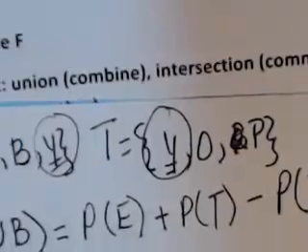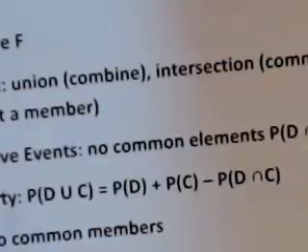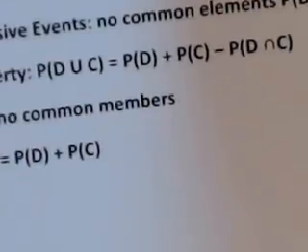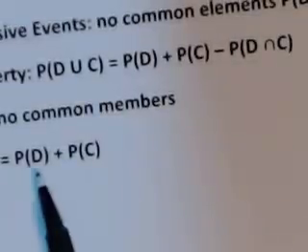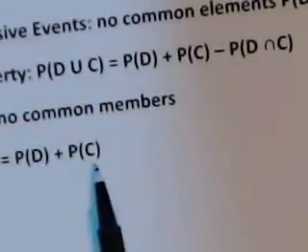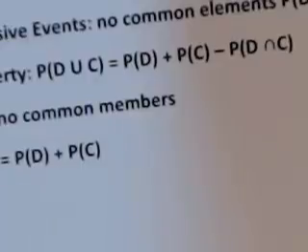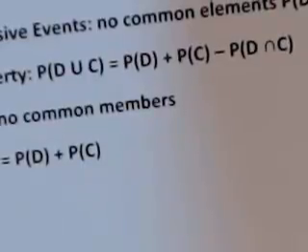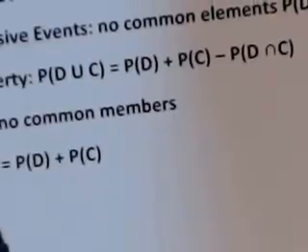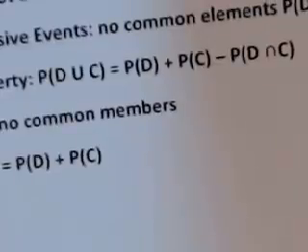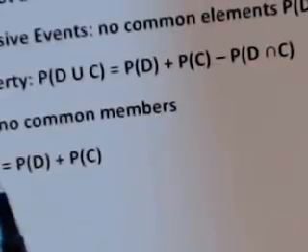Now, if the events are mutually exclusive, you don't have to worry about them having something common, and you can just add those together. So if I'm looking at the probability of drawing a dime out of a group of dimes and a penny out of a group of pennies, dimes and pennies are mutually exclusive.